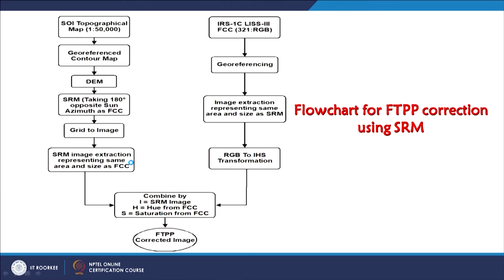When we go for SRM, though this flow chart may sound a little complicated, let me make things very simple. Basically, you need to have a shaded digital elevation model of almost the same spatial resolution as the satellite image, which is suffering from FTTP.